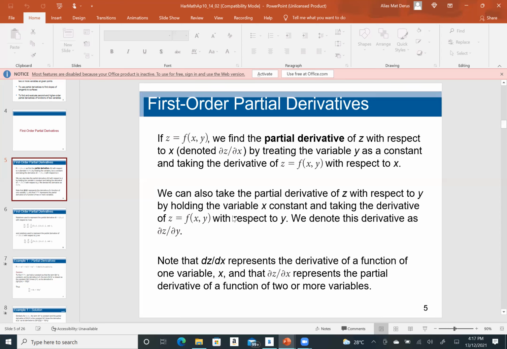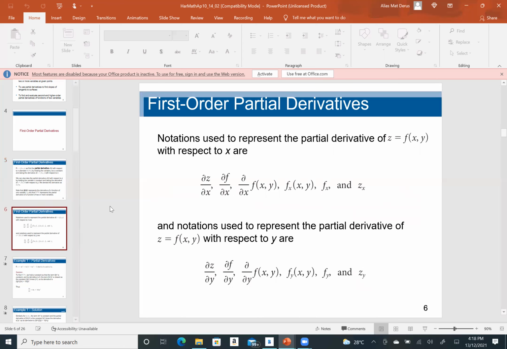We can use dz dx or dz dy. So we just call it fx, fy, zx, zy, depending on which notation you like. Of course, you can use df dx, dz dx. There are at least 4 of them. Similarly, if I take the derivative of z with respect to y, I get fy or zy, dz dy, df dy.